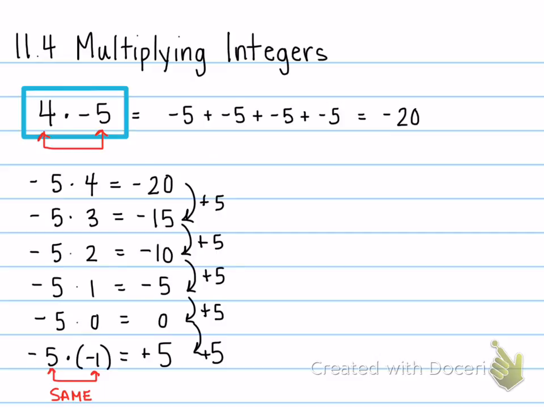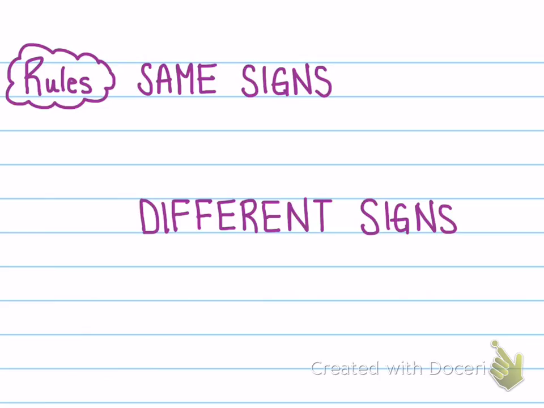So just like when we were adding integers, you have to look at if the signs are the same or if the signs are different, but the rules for those two situations aren't the same as with adding integers. So let's get the rules written down for multiplying integers.